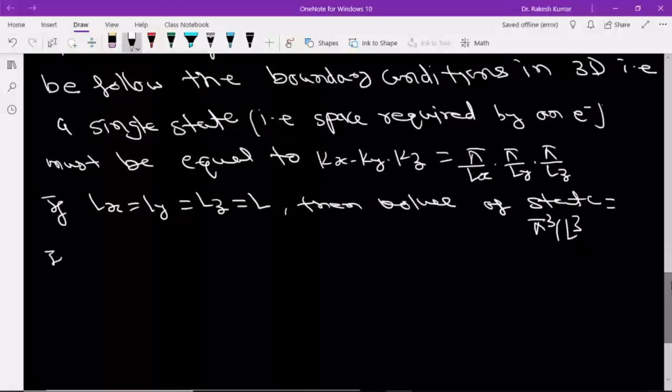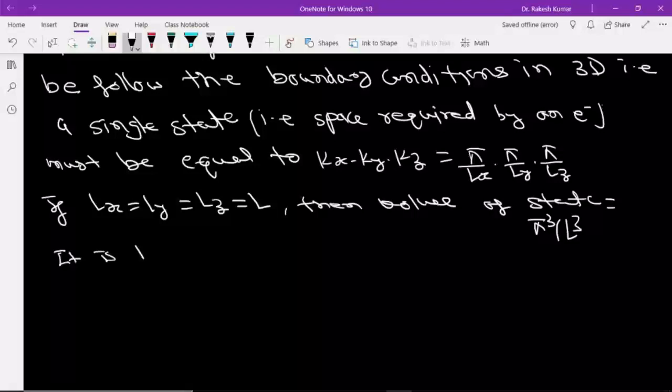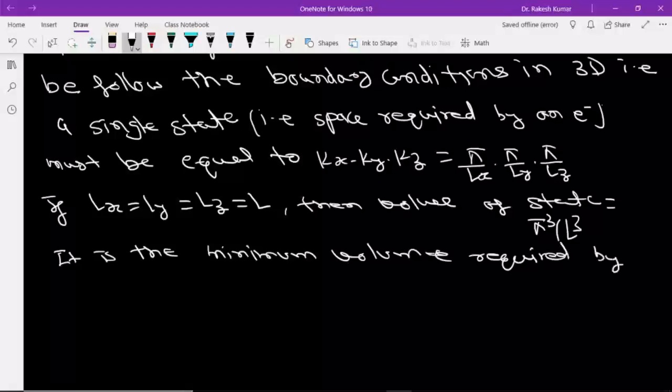So it is the minimum volume required or acquired by an electron in k space.